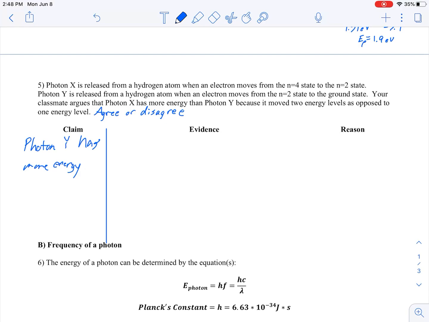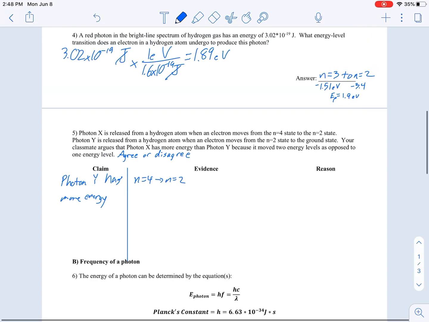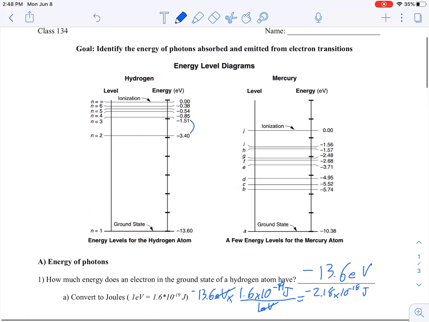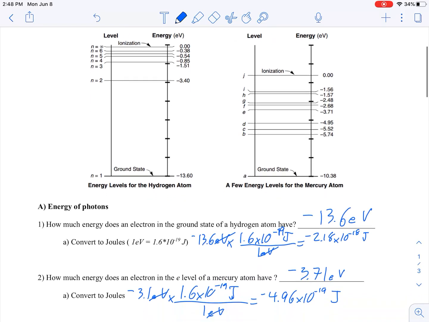Now, let's build our evidence. Well, I know that if I go from n equals 4 to n equals 2, let's look at those energy levels. N equals 4 is 0.85, and n equals 2 is 3.4.